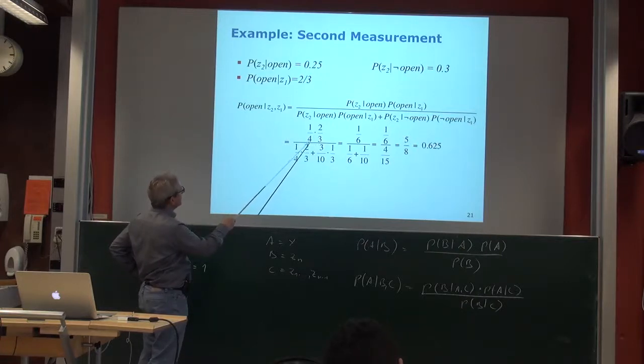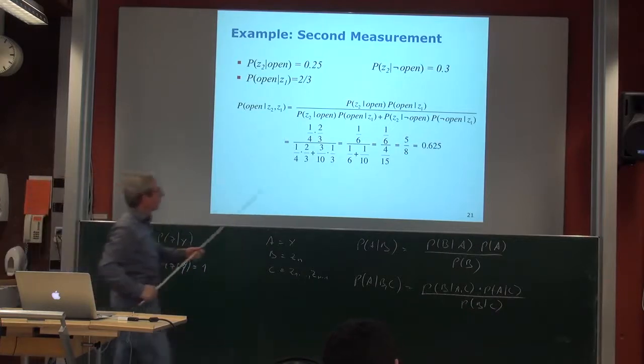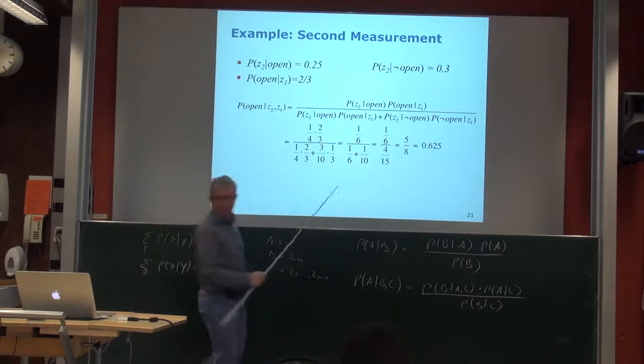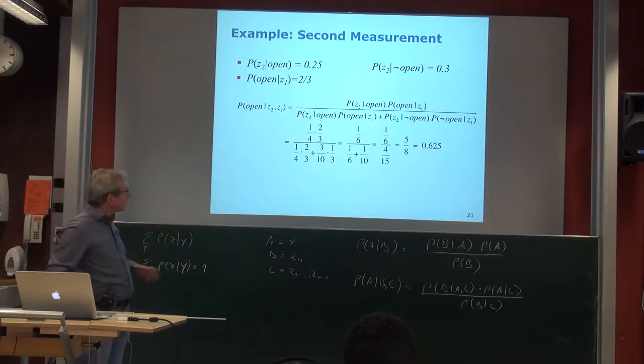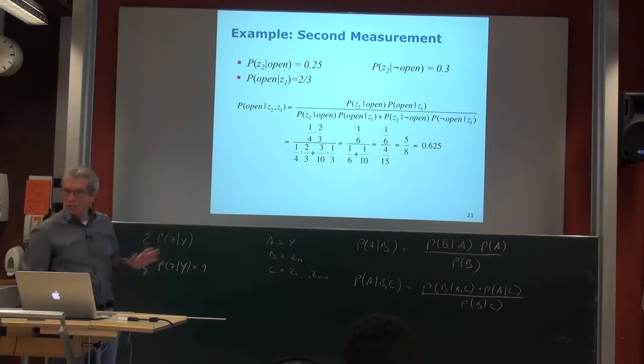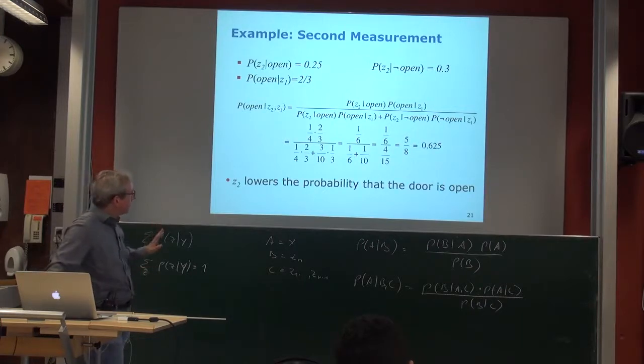This is P of Z2 given open over here, and then it's the sum of the two in here, which is the outcome of the entire calculation. So in this case, the second measurement actually reduces the probability that the door is open. So this is the idea of how this is done.